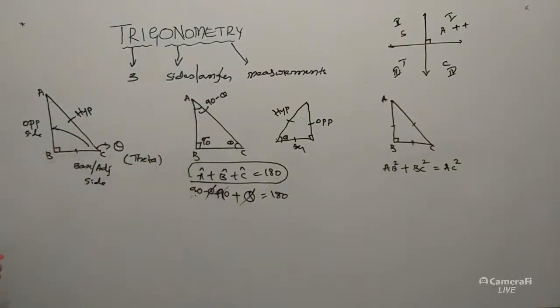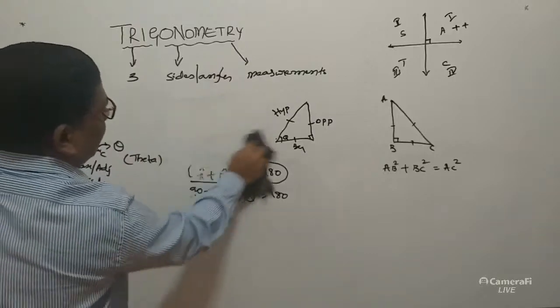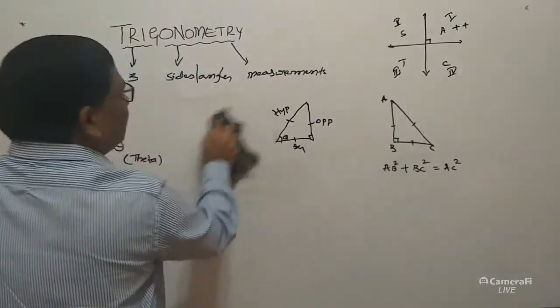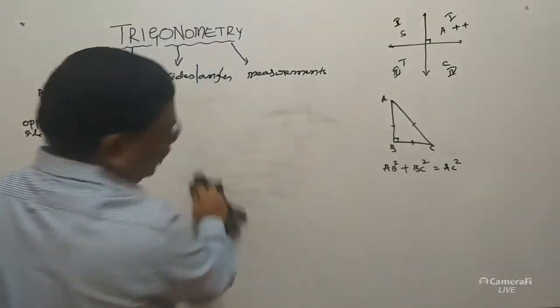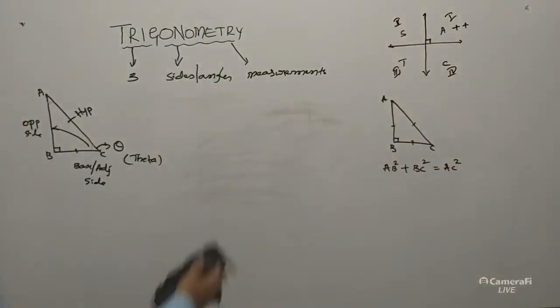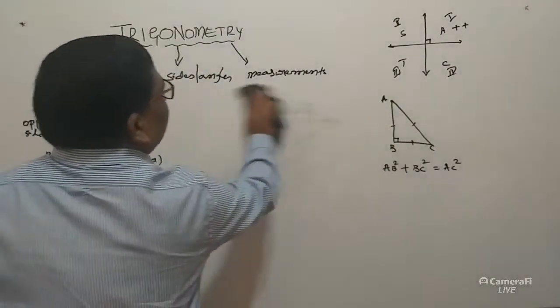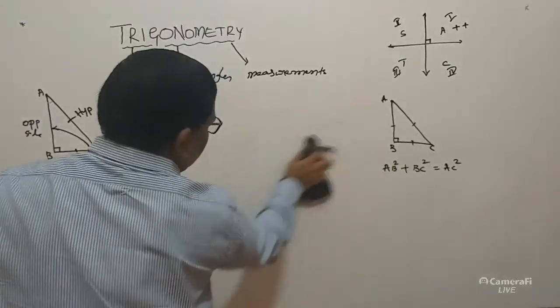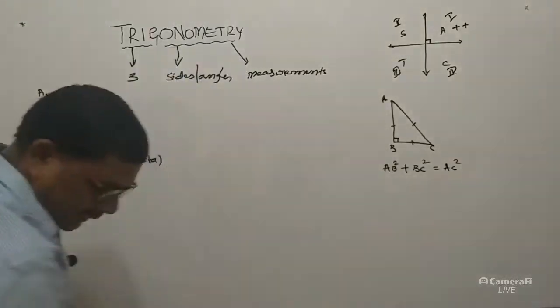So completely, trigonometry stands on triangles, because it has sides as well as angles. Trigonometry is mainly the relationship between the sides and angles of a triangle.